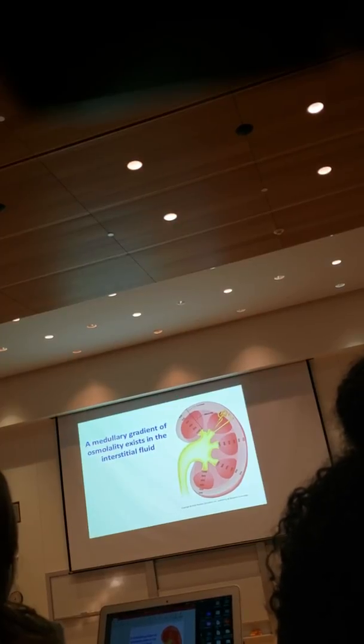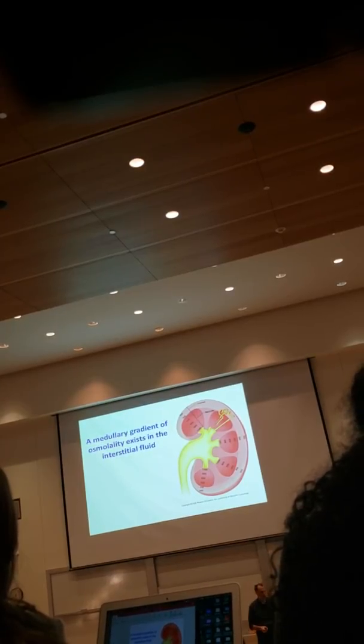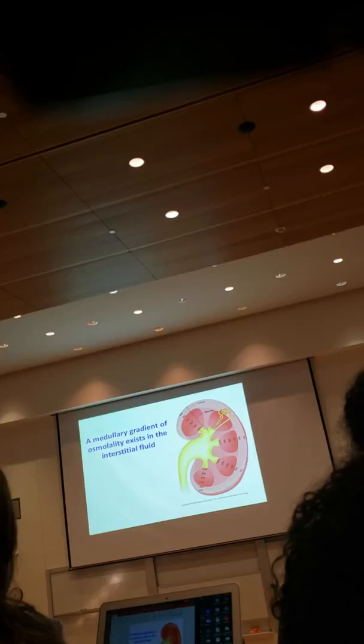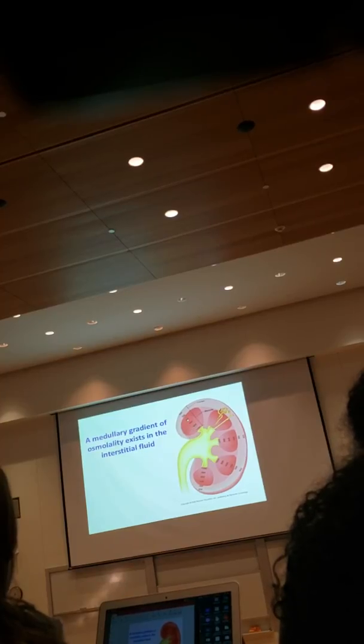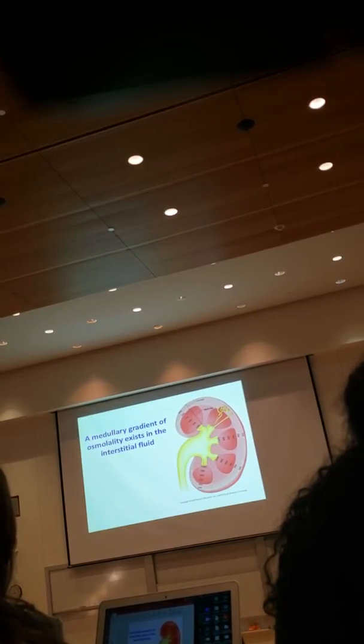In the cortex, if we measure osmolality, it will be 300 milliosmoles like any other place in the body. But if you take a sample from different parts of the medulla, it will not be 300 milliosmoles. Moreover, the deeper you go into the medulla, the more concentrated, the saltier it is. So we have a medullary gradient of osmolality.